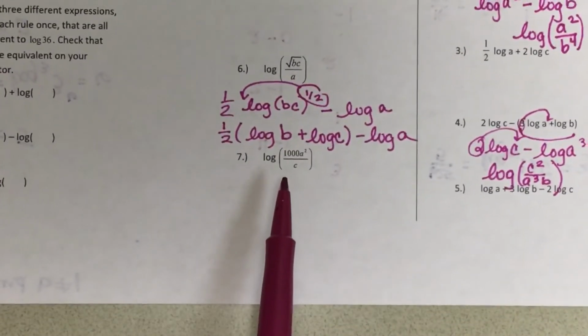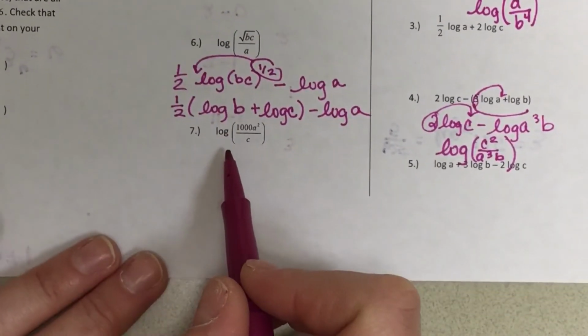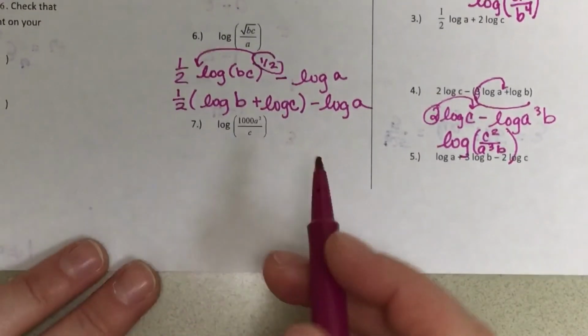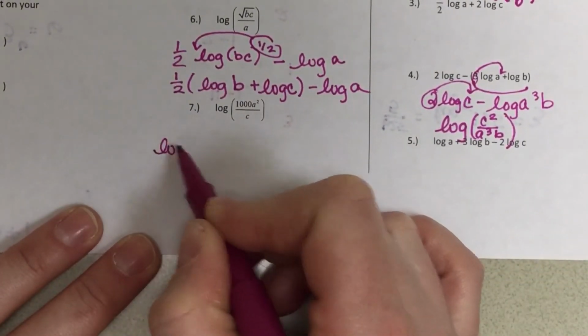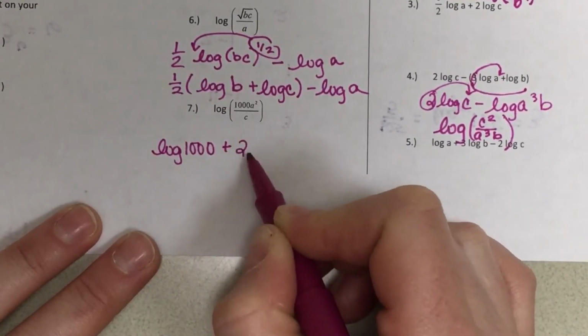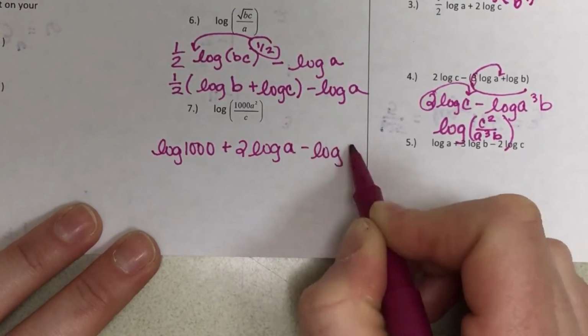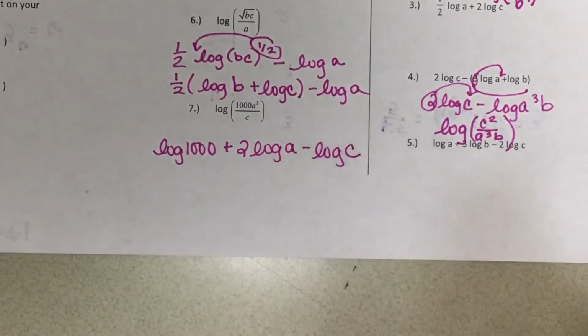But if you are, I just realized that there was one that I should go over with you. And it's a problem like number 7. Now, when I go to expand this, I end up with log of 1,000 plus 2 log of a minus log of c. And to start, some of you guys might need to do that in some steps.